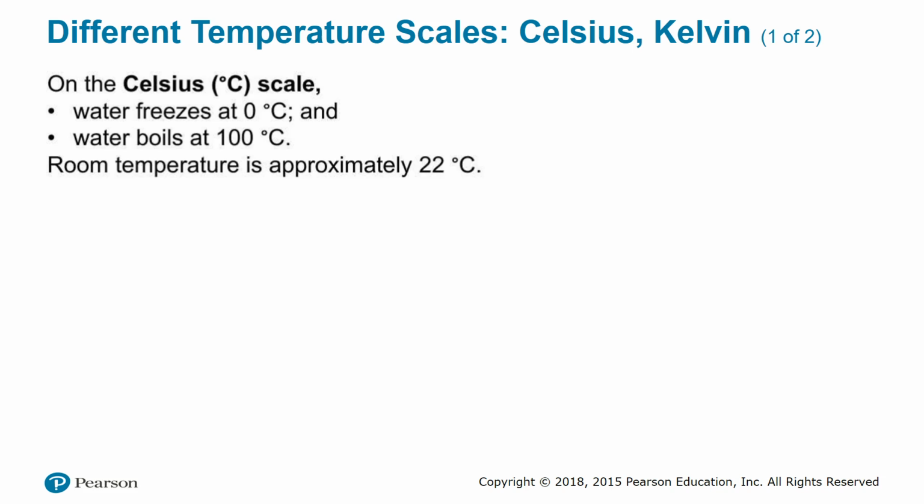Water boils at 100 degrees Celsius. Now, that also means that ice will melt at 0 degrees Celsius and water will condense at 100 degrees Celsius. Just depends on which way the energy is traveling.